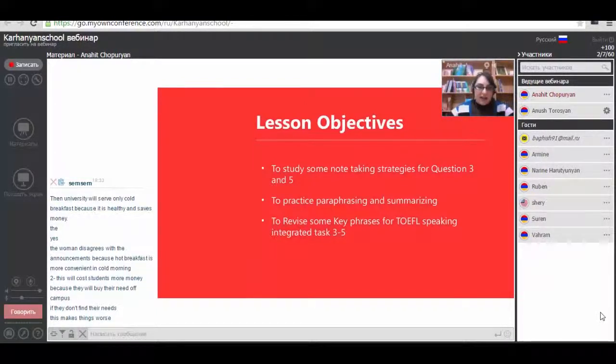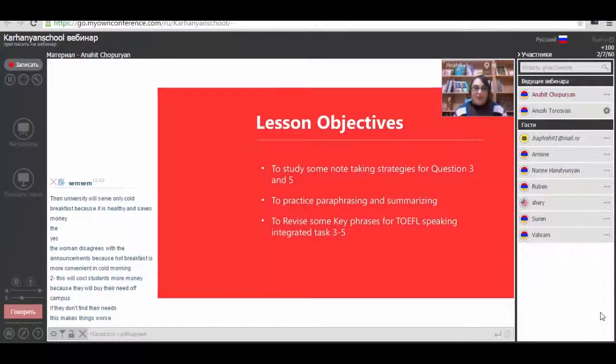Now, the lesson objectives one more time. I hope that you studied some note-taking strategies. And of course, not only I, all the TOEFL teachers say that taking notes is an indispensable part of questions 3 and 5. Even if you are an advanced learner, take notes. The brain can sometimes let you down, so what to do if it happens?